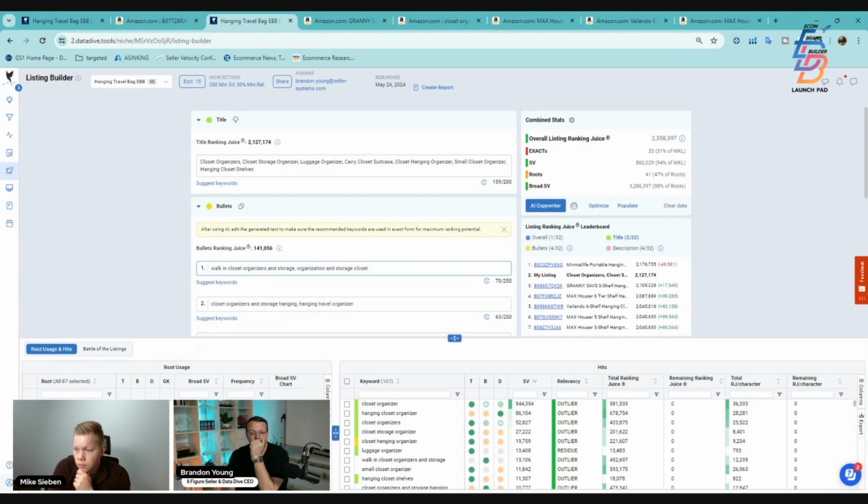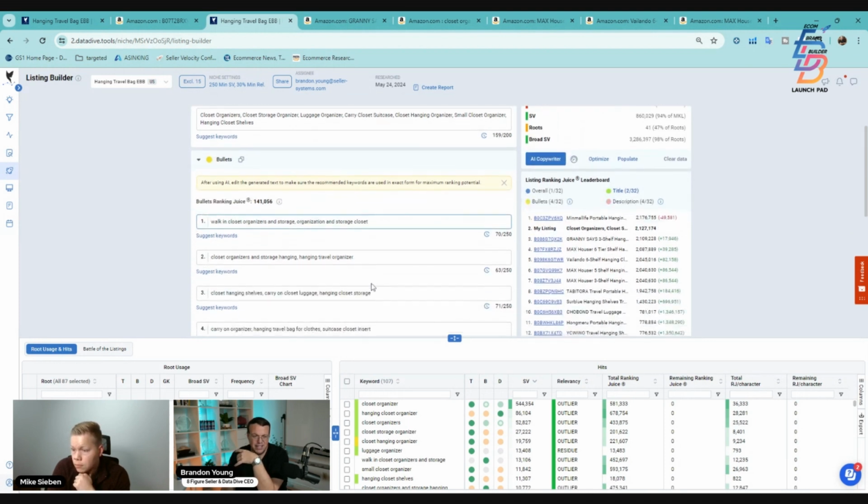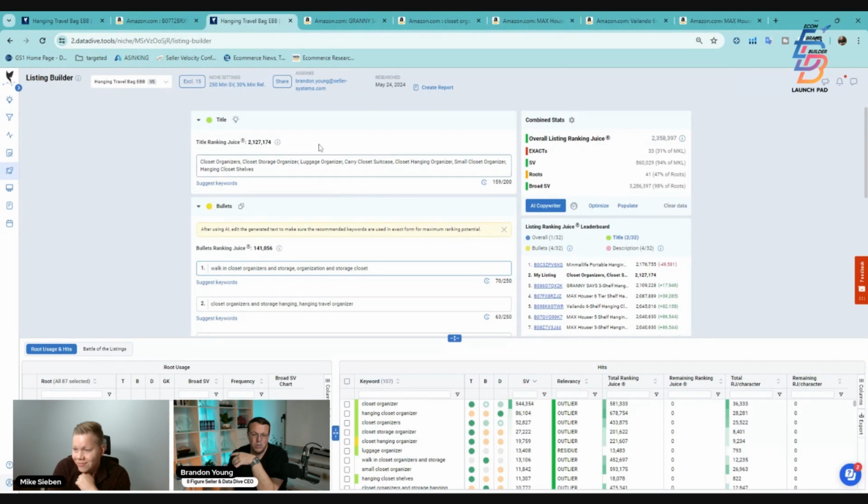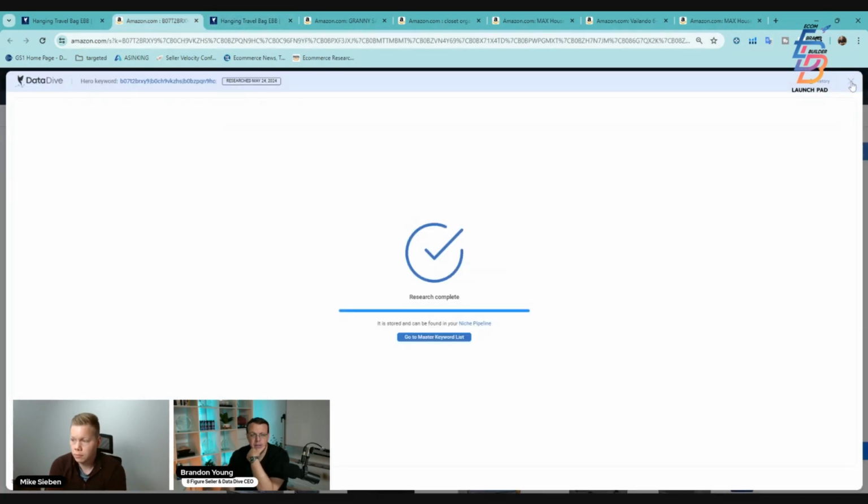So now I can use AI. I make a note of these keywords and I use AI to write it. What's interesting is, look at this, we actually came in second now. But we left a lot of space in the title for you to go ahead and write. I'm curious where.